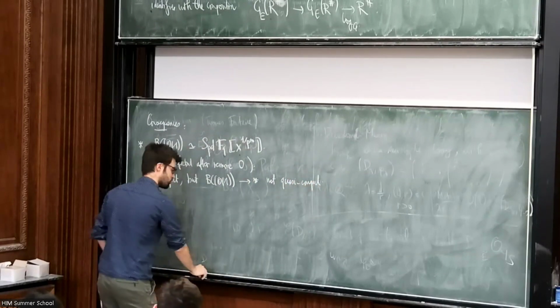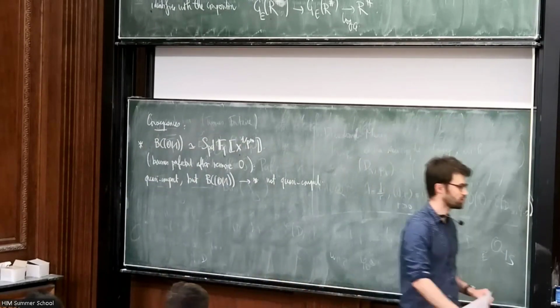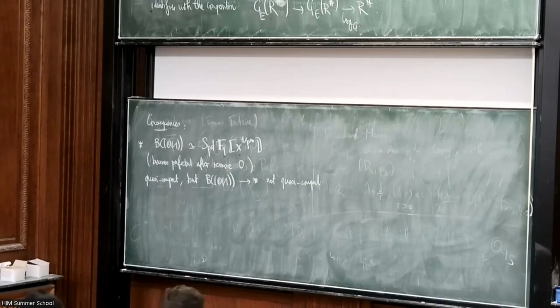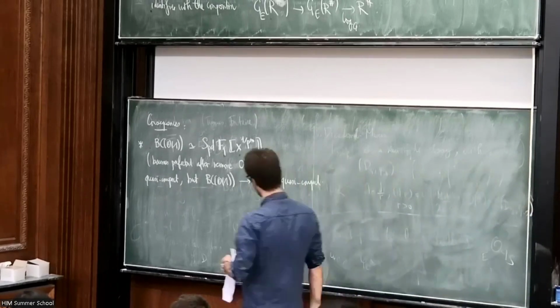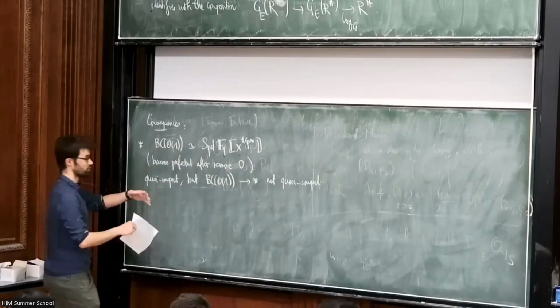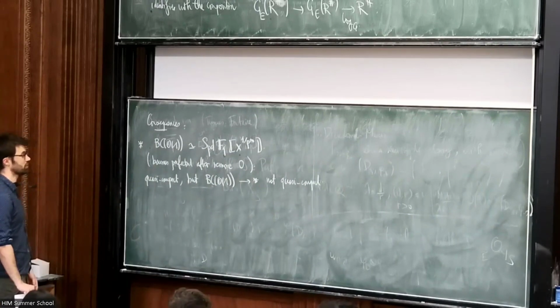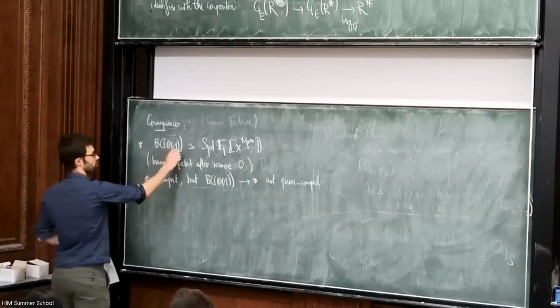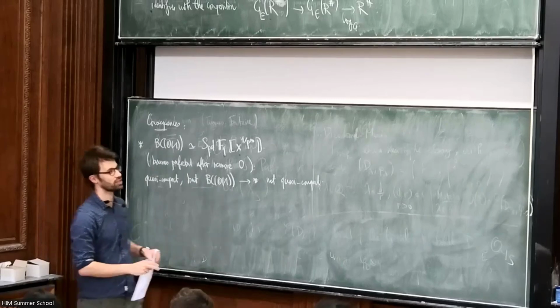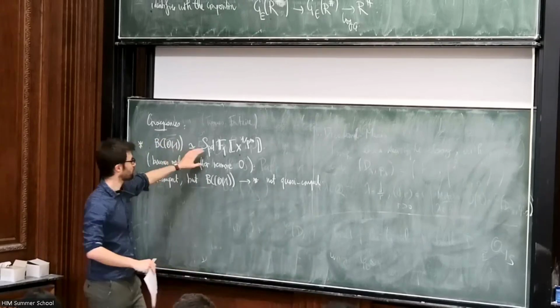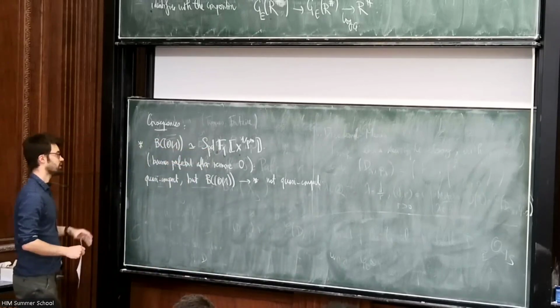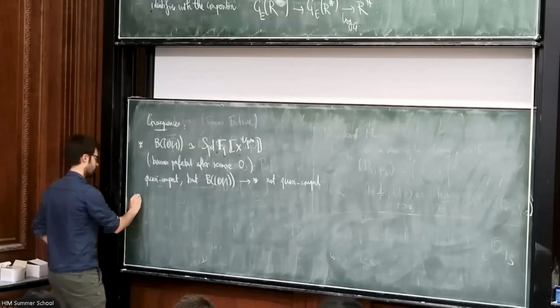Because after you base change to, say, the adic spectrum of a perfectoid field in characteristic p, the space you get is the open perfectoid open unit disk, which is not affinoid. So that's one first consequence. We see that this functor is actually a v-sheaf represented by this object.